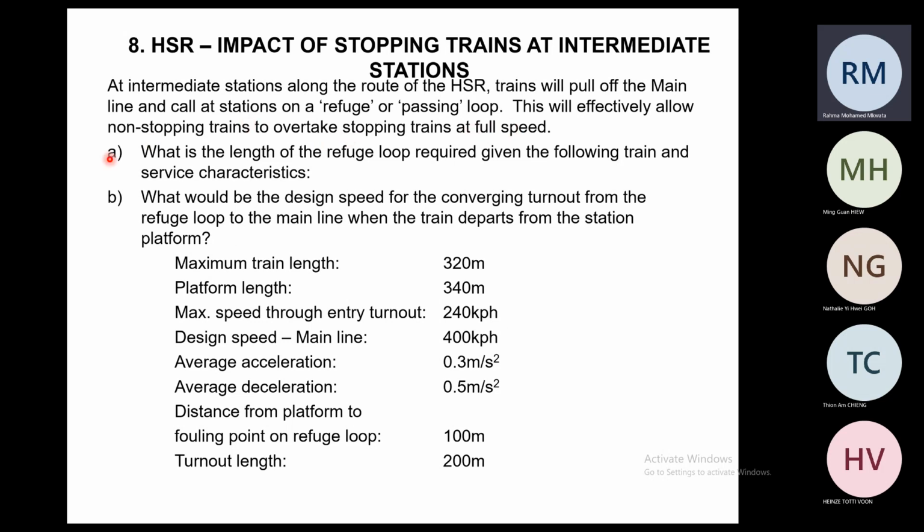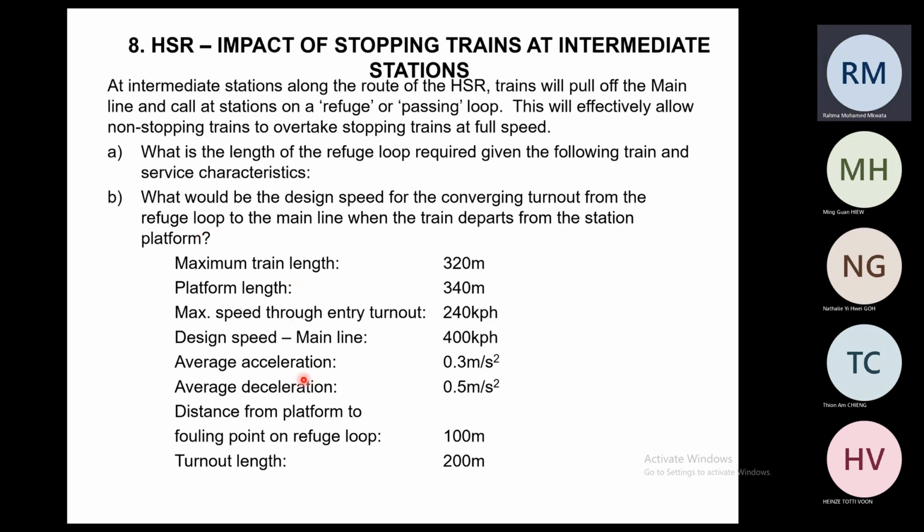So A, what is the length of the refuge loop required given the following train and service characteristics? And B, what will be the design speed for the converging turnout from the refuge loop to the main line when the train departs from the station platform?